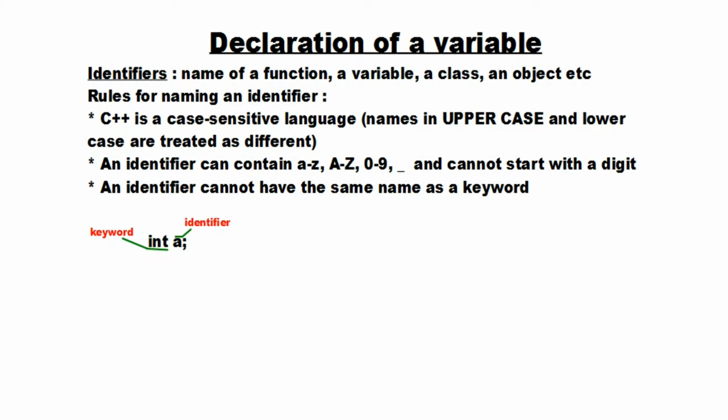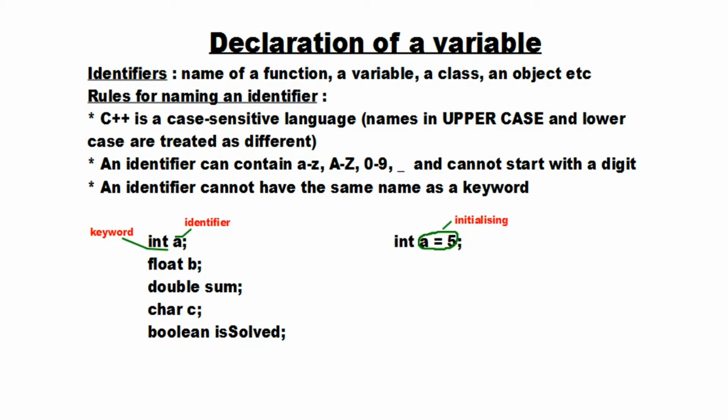This expression is followed by a semicolon at the end. Similarly, we can declare variables of other data types as well. You can see that here A, B, sum, C, is solved are all identifiers and they contain these characters only and do not start with a digit according to the rules for naming an identifier.